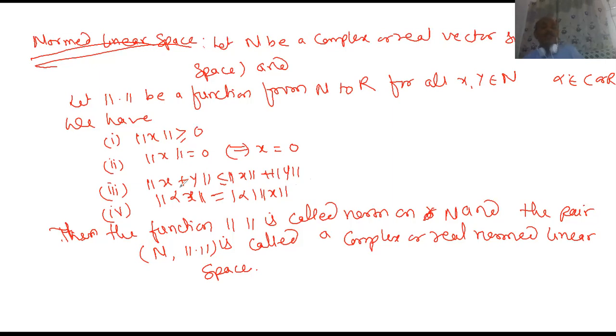If these conditions are satisfied by this function, then the function is called a norm on N, and the pair, this non-empty set N together with this function, is called a complex or real normed linear space. Let us take the first example on it.